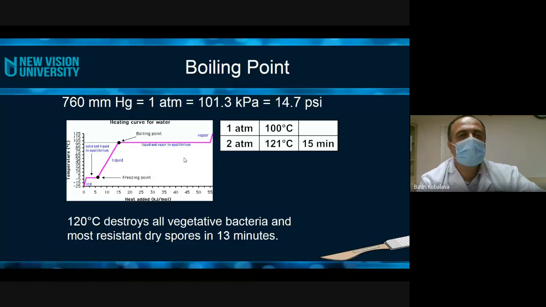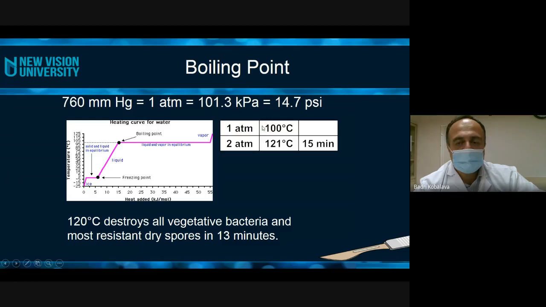Now, what is the principle of autoclaving or sterilization with steam under pressure? In normal situation, when atmospheric pressure is 1 atmosphere, the water boils at 100 degrees. It is well known, isn't it?